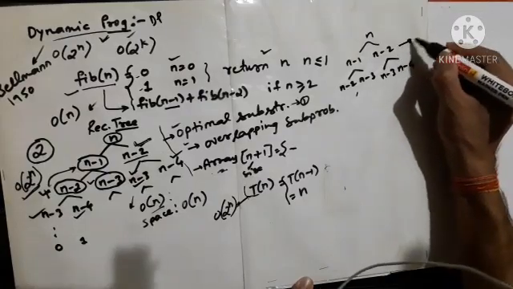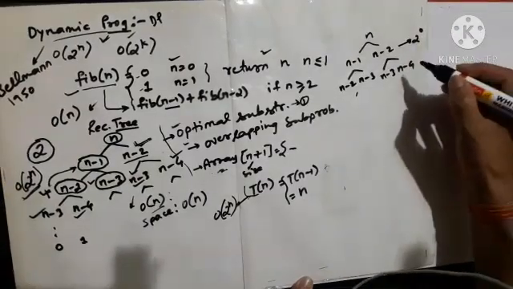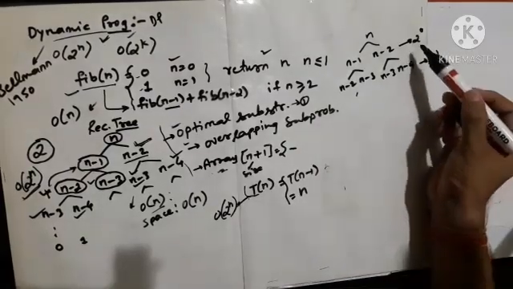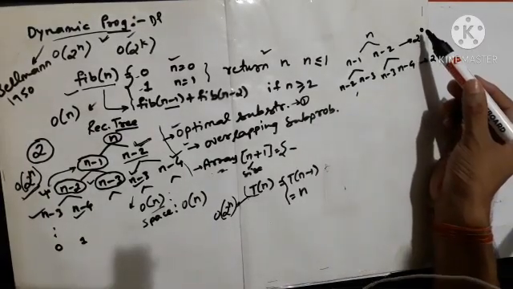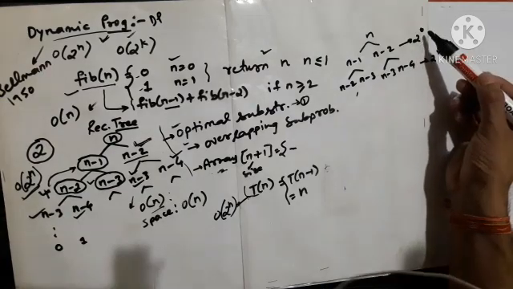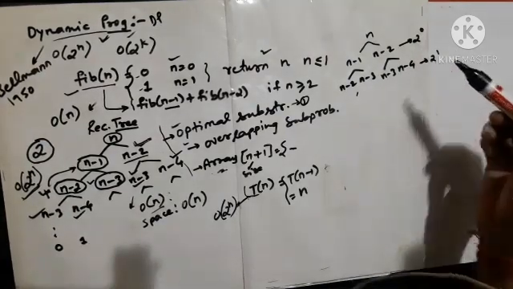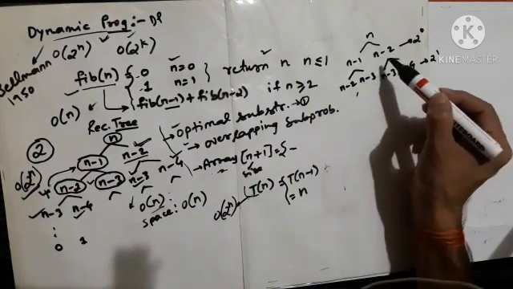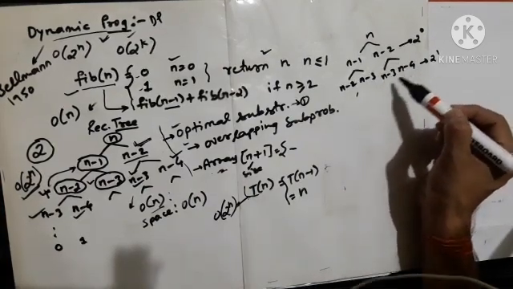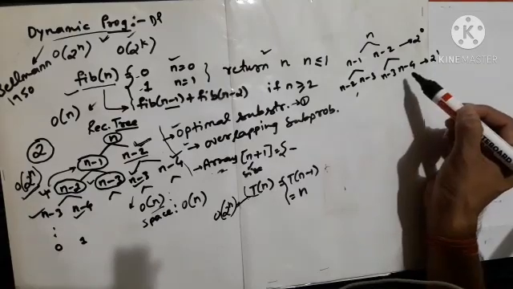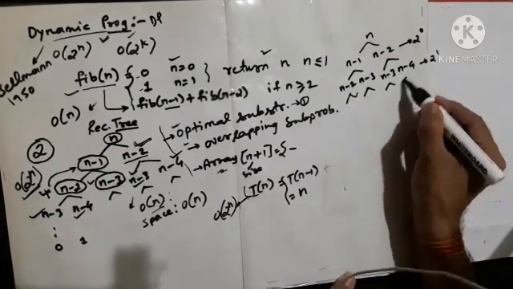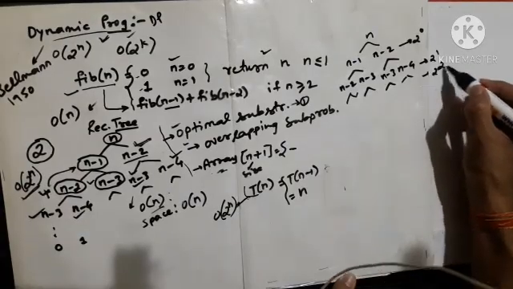What you can observe here is 2 to the power 0, which is 1, and 2 to the power 1, which is 2. So why 2? Basically this function is going to call 2 times, and each of those is again going to call 2 times, so we can say that it is 2 to the power 2.